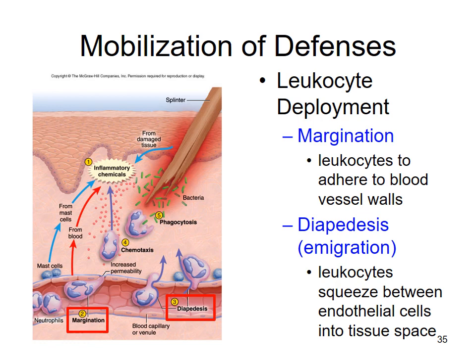They can do that because you have increased permeability at the site of injury. The movement from the blood vessel into the tissue is called diapedesis, or emigration. That's when they move out of the blood vessel and into the actual tissue space.